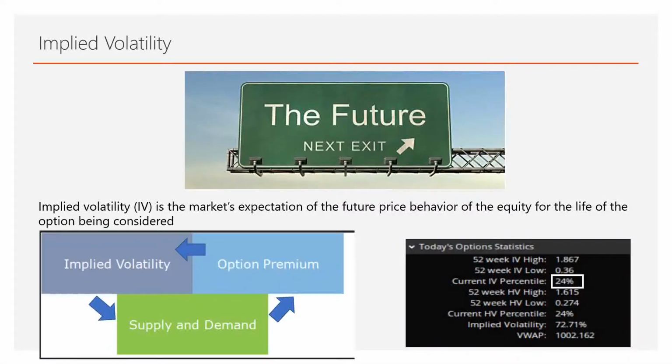We have supply and demand in the market, right? Supply and demand is there for stocks. Supply and demand is there for options as well. When the options price increases due to an increase in demand, implied volatility increases. If the option price decreases due to reduction in demand, the option premium also goes down, and implied volatility also goes down.